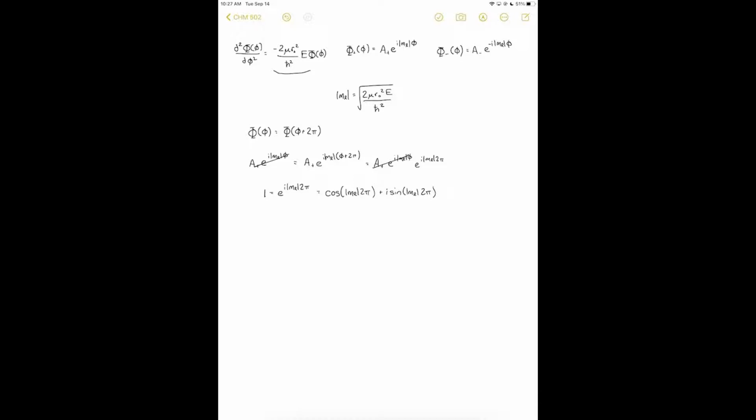And the sine is equal to 0 at integer numbers of 2 pi. So if the absolute value of m sub L is equal to integers, so 0, 1, 2, and so forth, then this will end up equaling 1, and this will equal 0. So our quantization conditions here are that the absolute value of m sub L is equal to 0, 1, 2, 3, and so on. Or in other words, that m sub L is equal to 0, positive or negative 1, positive or negative 2, and so on, continuing in that way.